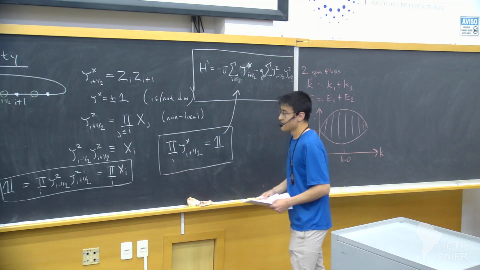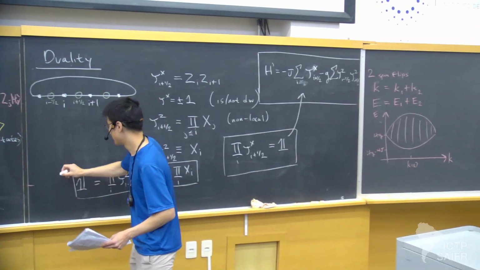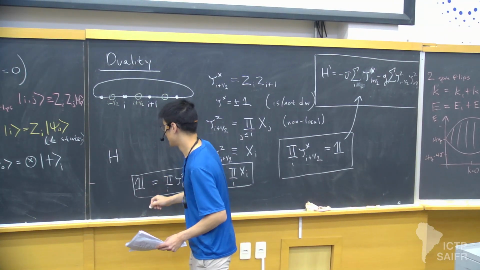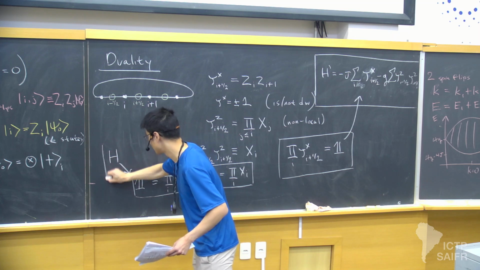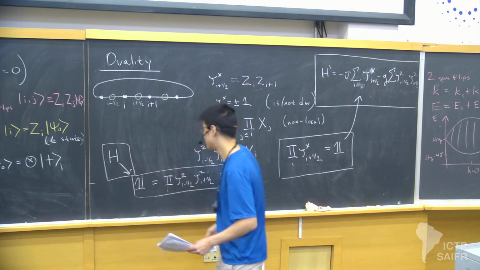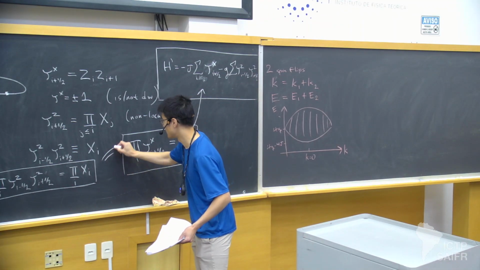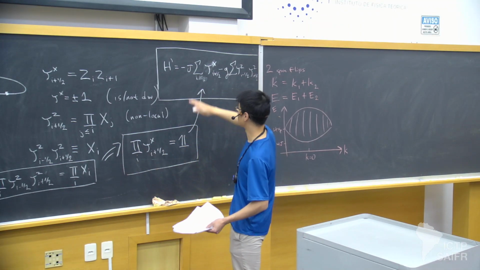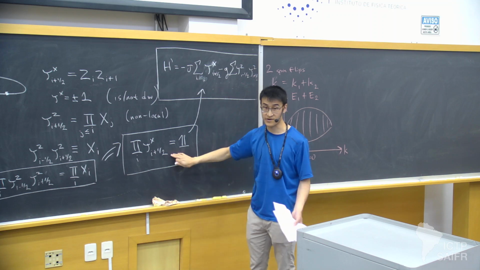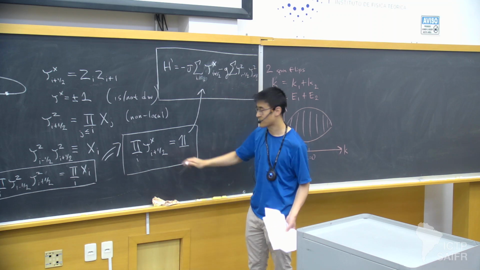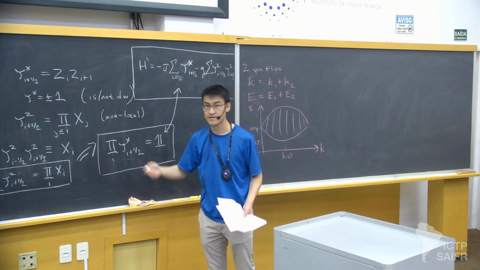So, long story short, the Hamiltonian H, with this constraint, has the exact same spectrum as H prime in the tau variables with this constraint. That's the upshot of this change of variables.